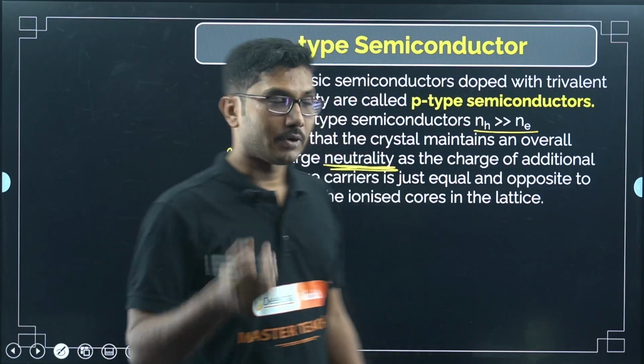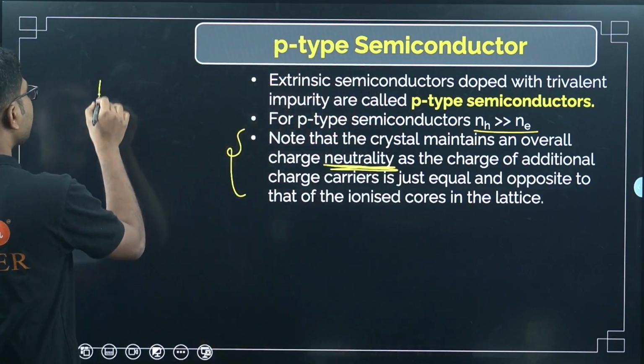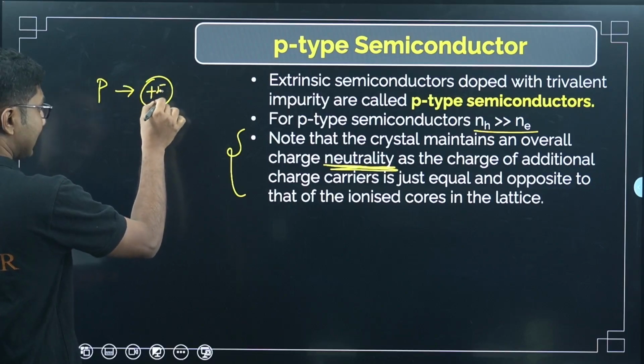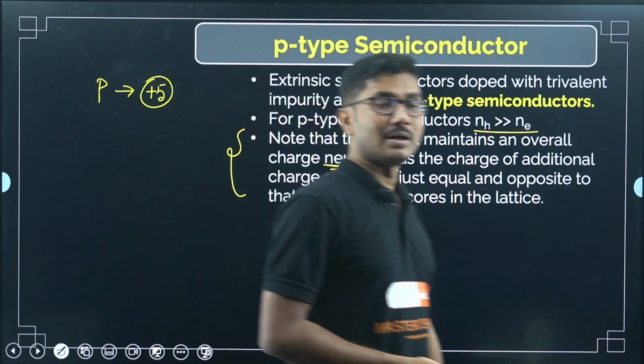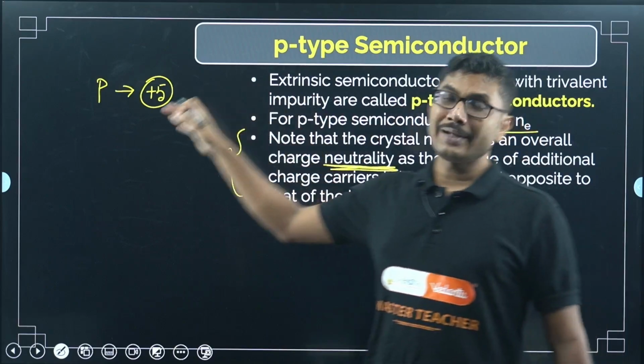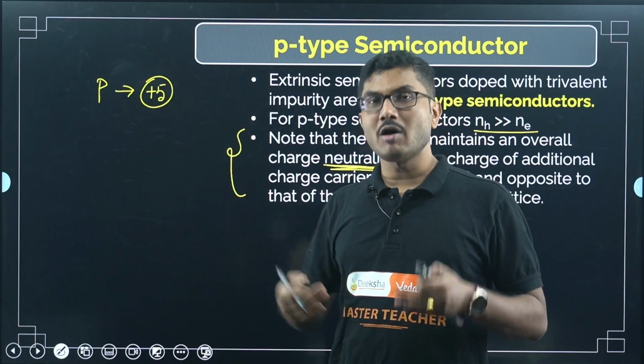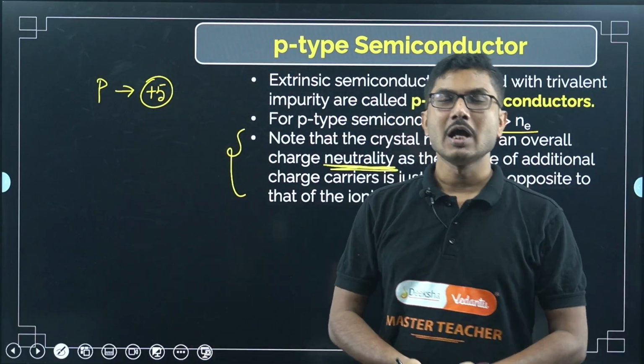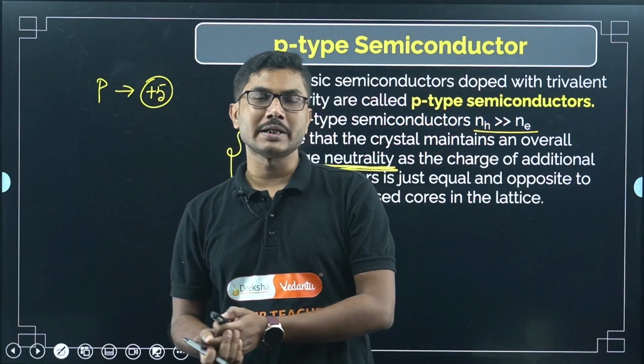So for example, when you dope with phosphorus, it is a pentavalent material, but pentavalent means it has an equal number of protons inside its nucleus as well. Whatever the total number of electrons, the total number of protons is also there inside the nucleus.